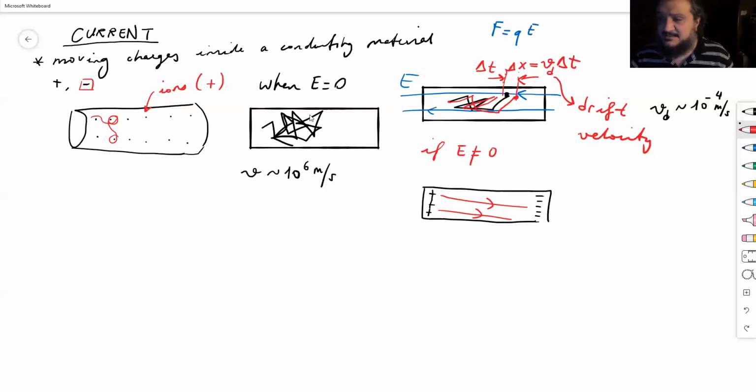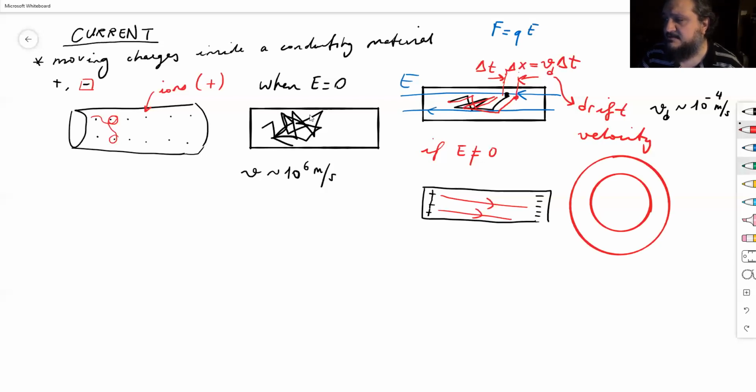So in practice, what you really want is to complete a cycle. We're going to come to that later, but imagine you had a ring-shaped conductor, and you started with some electric field that runs through the conductor like this.